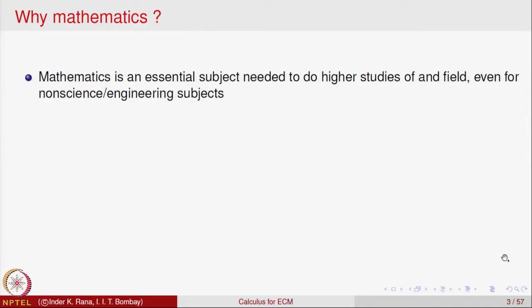One can wonder, as students of economics, commerce and management, why mathematics is required for higher studies in non-science subjects and non-engineering subjects.